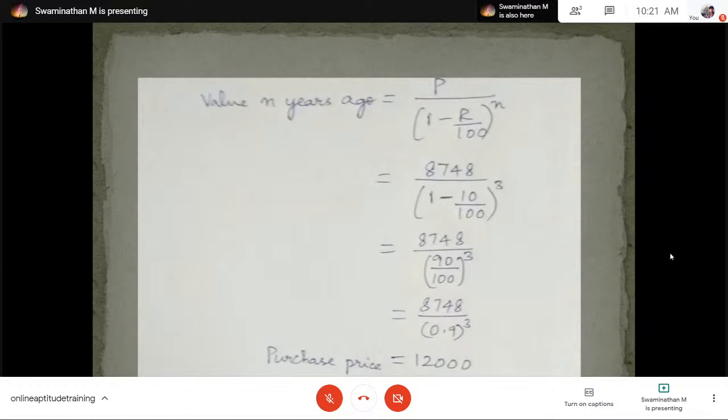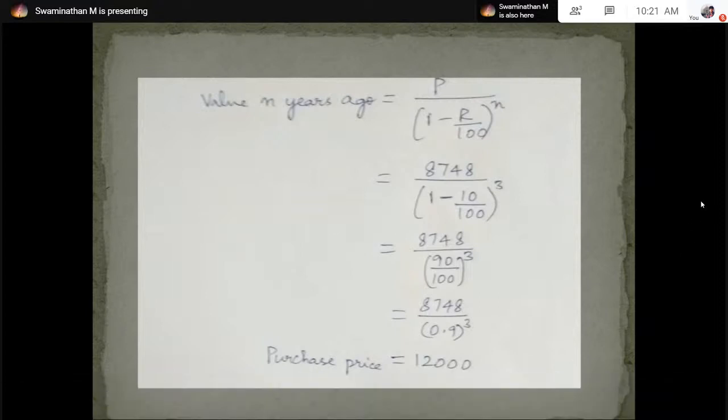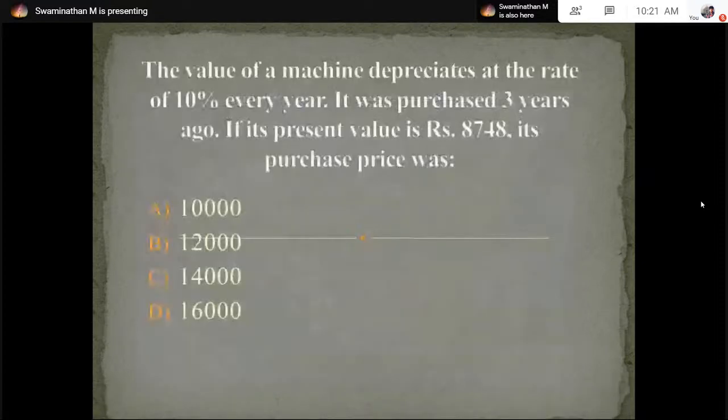So by solving it, 90 by 100, 0.9 cube, 8748 by 0.9 cube is around 12,000. The purchase price is 12,000. So it has depreciated in 3 years to rupees 8748.